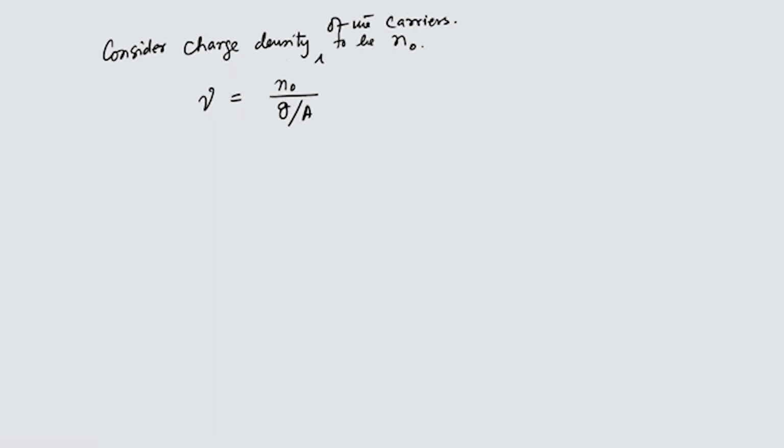So, let us not have the geometry of the sample coming in, because you can have any geometry, but if you divide it by A, then it becomes a fundamental quantity which only depends on the value of the magnetic field.